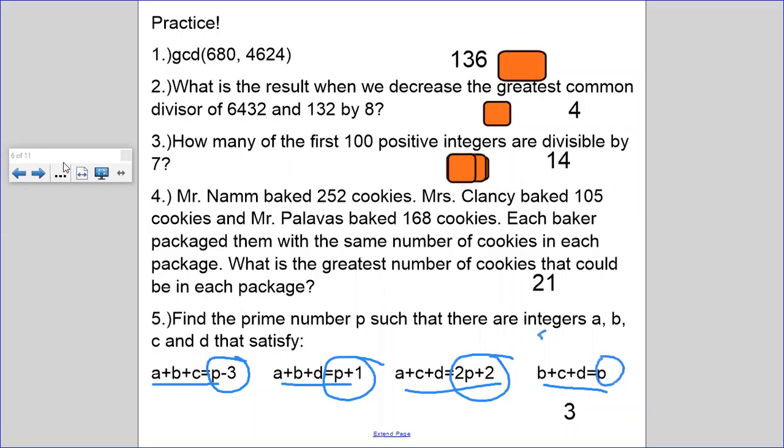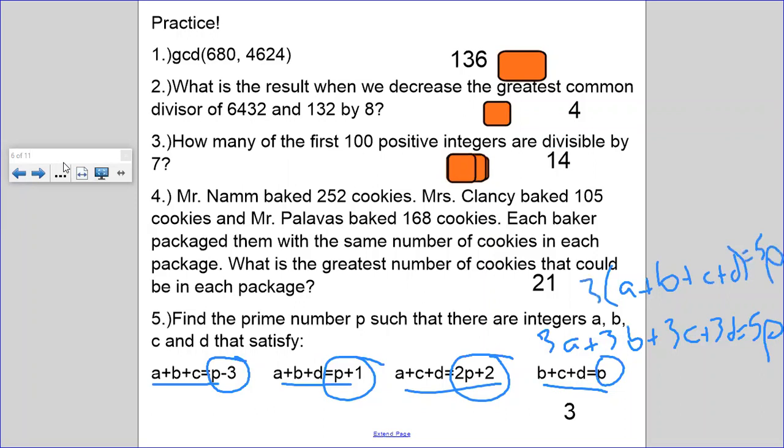So when we add them all up, we get 3A plus 3B plus 3C plus 3D equals 5P. So that means (A plus B plus C plus D) times 3 has to equal 5P.